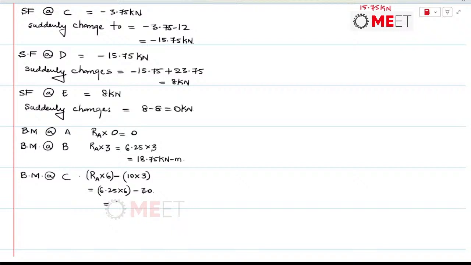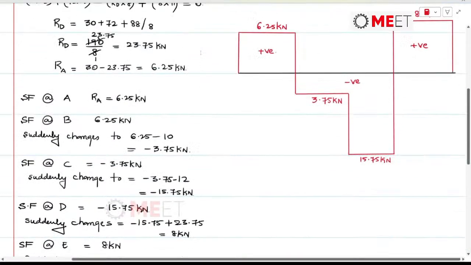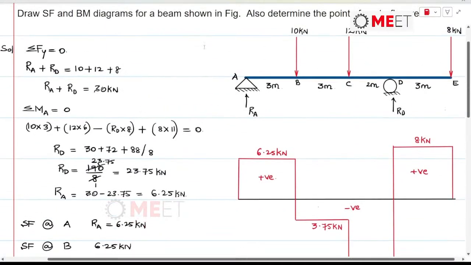So this becomes 37.5 minus 30, which is equal to 7.5 kilonewton meter. That's the bending moment at point C.